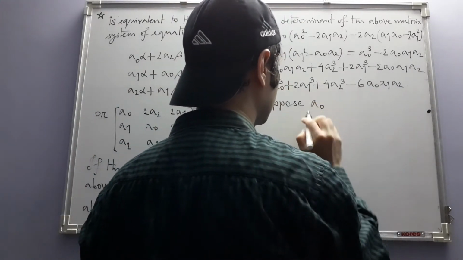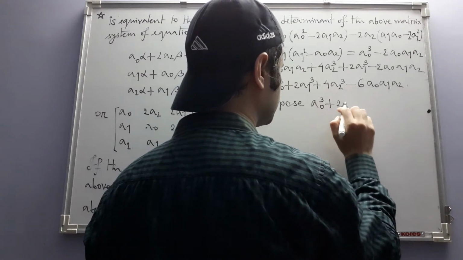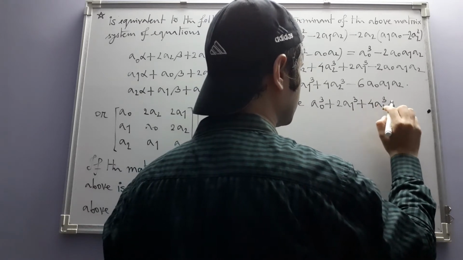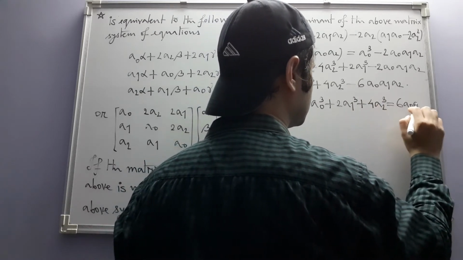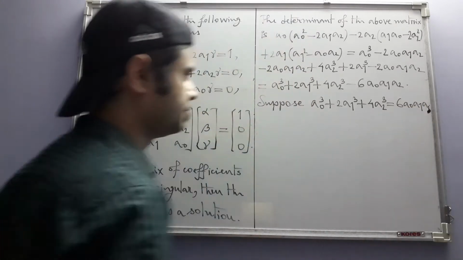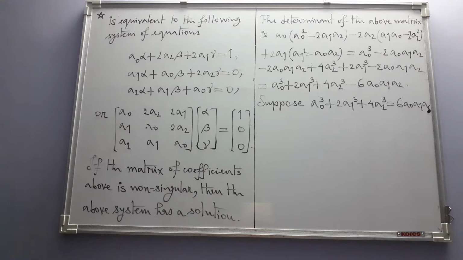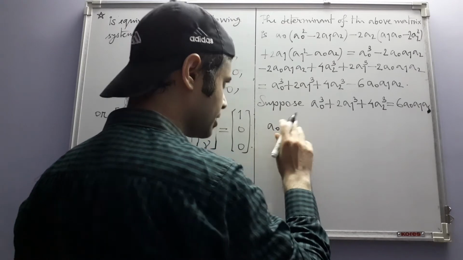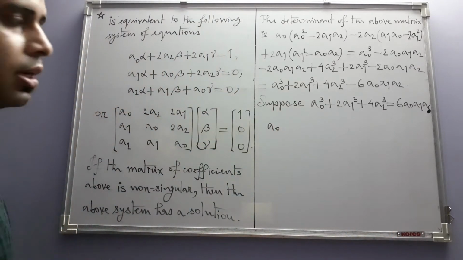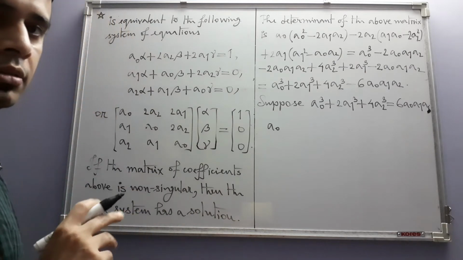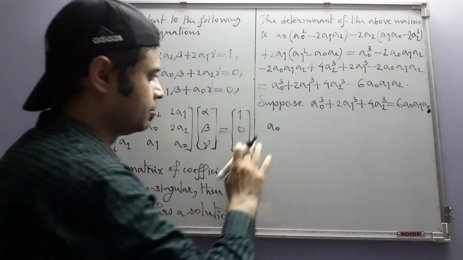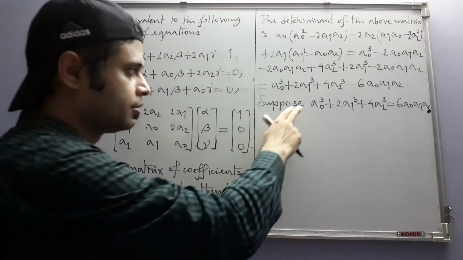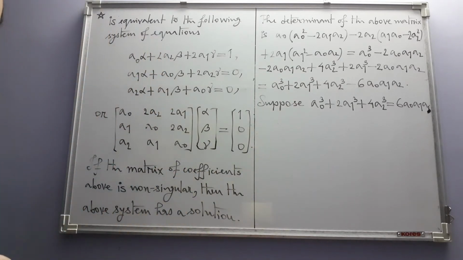Suppose A naught cube plus 2A1 cube plus 4A2 cube is equal to 6A naught A1 A2. Now recall how we chose the element A naught plus A1 t plus A2 t square. That is a non-zero element in our quotient ring. So from uniqueness of such an expression, at least one of the coefficients must be non-zero.